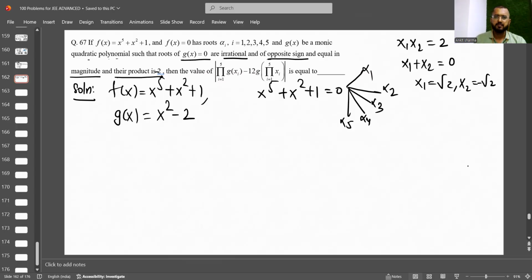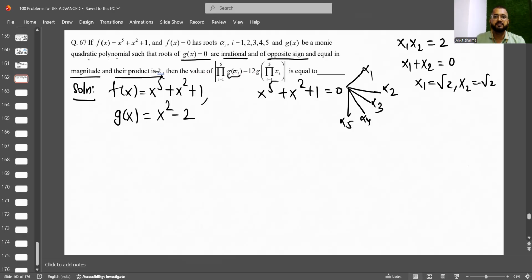Now, I want here the g of xi product. That means g of x1; these are roots here. These are alpha i's, or say xi is here. So all these roots I want basically, g of x, i is equal to 1 to 5. So g of this is alpha, not alpha, it's a DTP typing error.